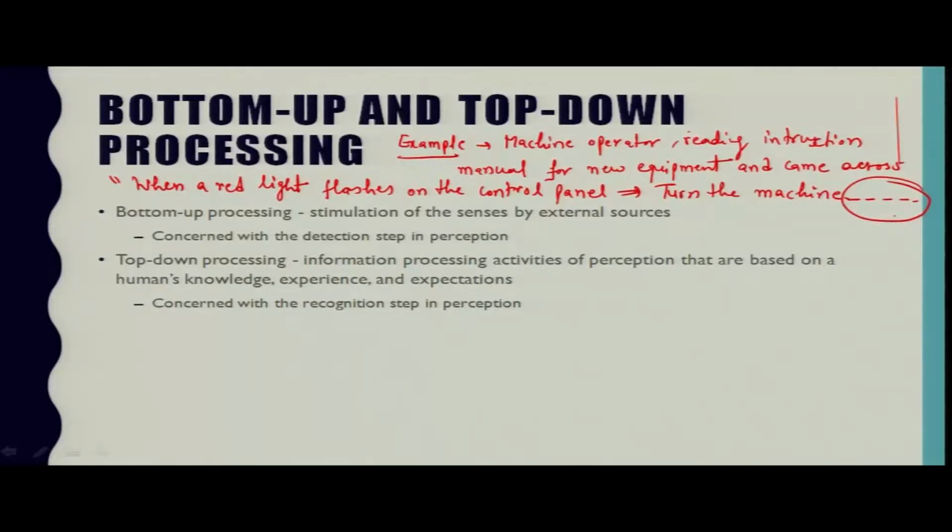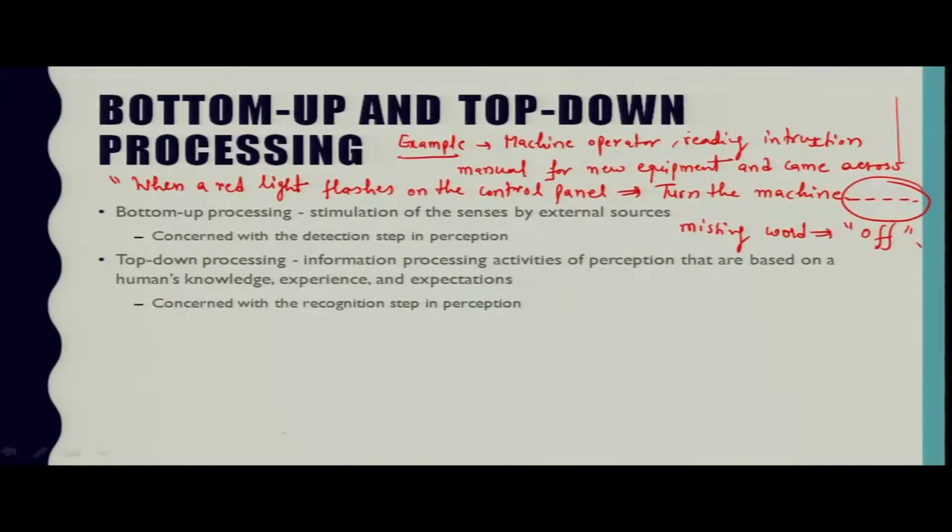But based on his previous experience and his knowledge, he can conveniently interpret what could be the possible filling here. So he would be able to infer that the missing word is off. That is also based on the context of the sentence and his expectancy as well.